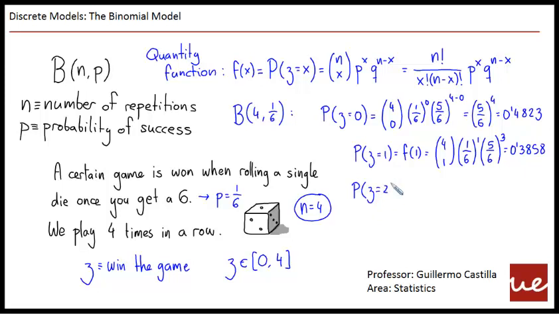Okay, well, the rest of the possible calculated probabilities in the problem are the probability of chi being 2, which is f of 2, the probability of chi being 3, which is f of 3, and the probability, of course, of chi being 4, which is, as you can imagine, f of 4.